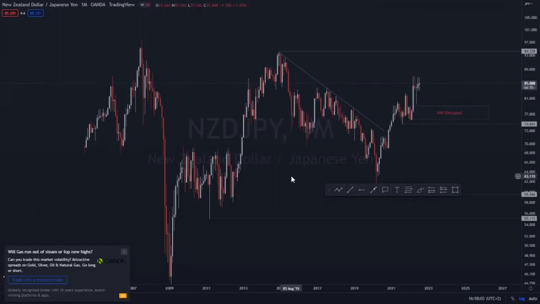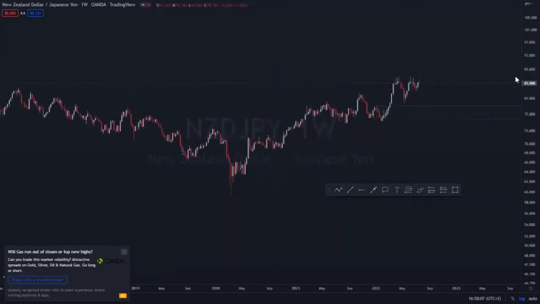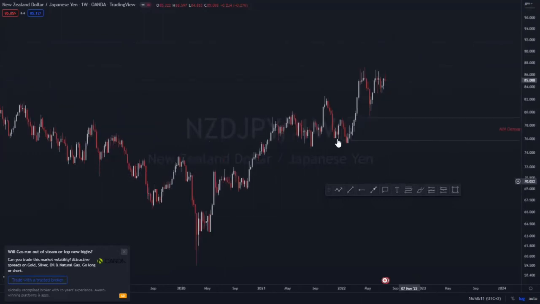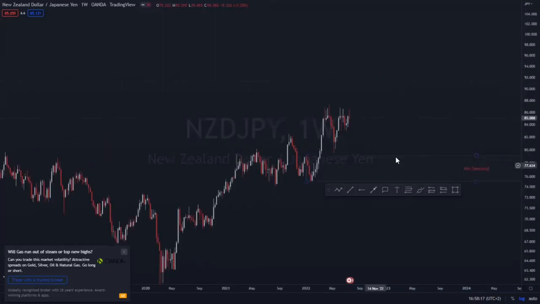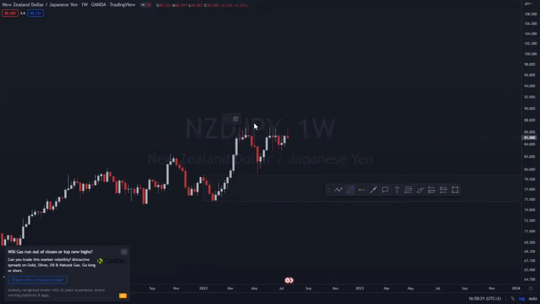Now, if we go to the weekly, then it starts to become a little bit tricky, right? As you can see right here, there's this resistance. Let me call it resistance for lack of a better word. Resistance on the zone.